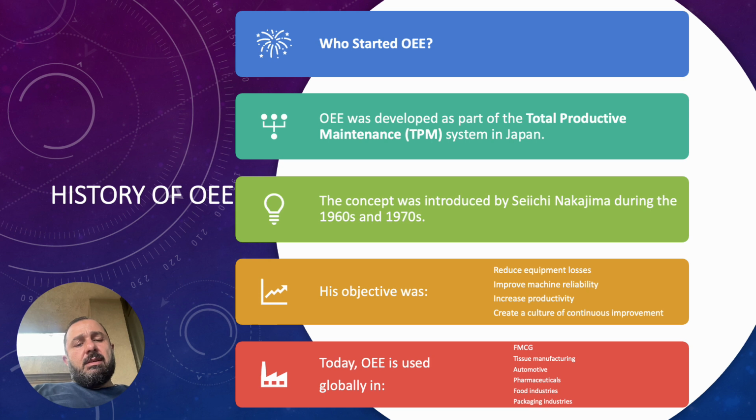Today we can see that OEE is used mostly in FMCG manufacturers, fast moving consumer goods, because there we have a lot of pressure on producing on time and a lot of pressure on producing quantities.